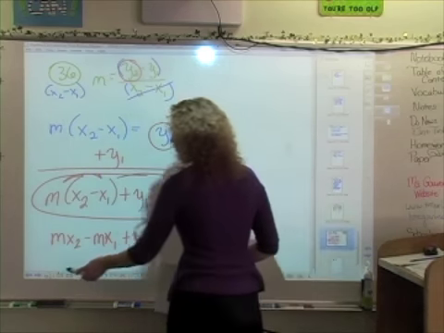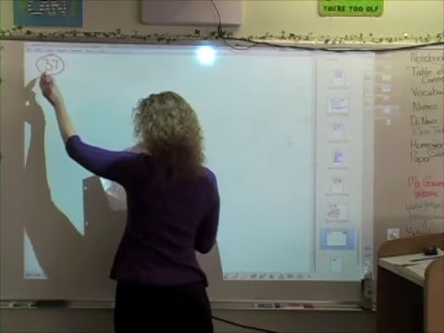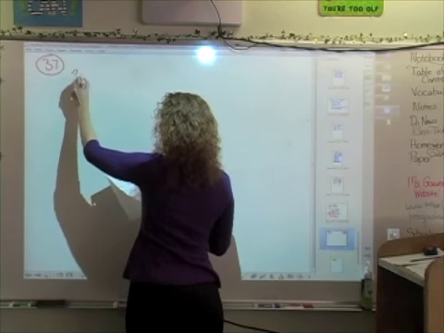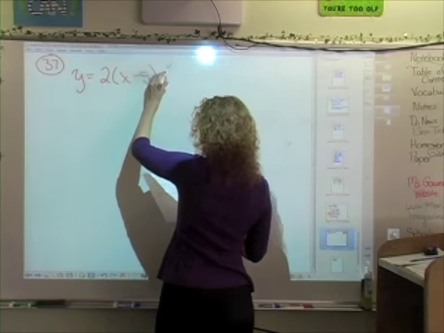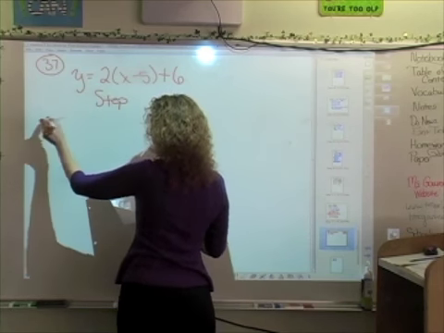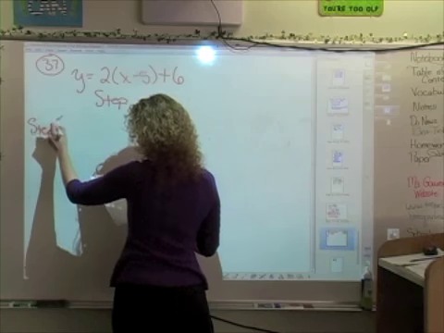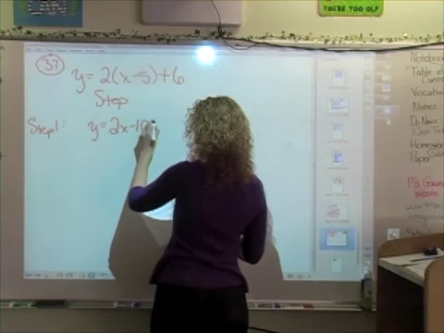All right, so I'm going to first write all the steps down since, again, I don't have this. So y equals 2 times x minus 5 plus 6. The steps: step 1 is y equals 2x minus 10 plus 6.